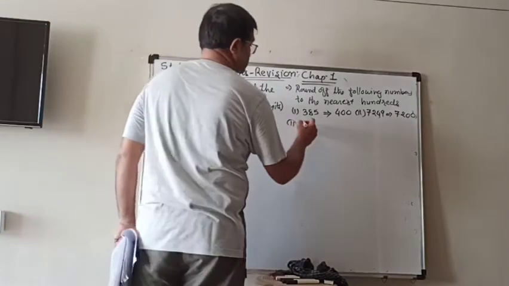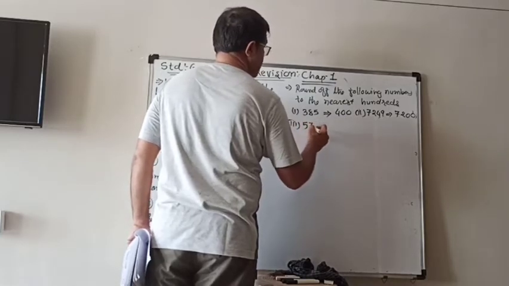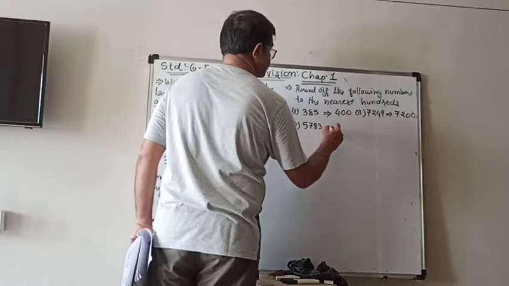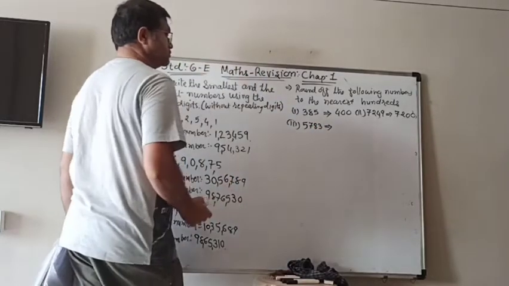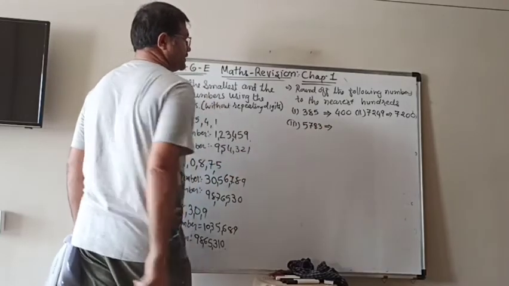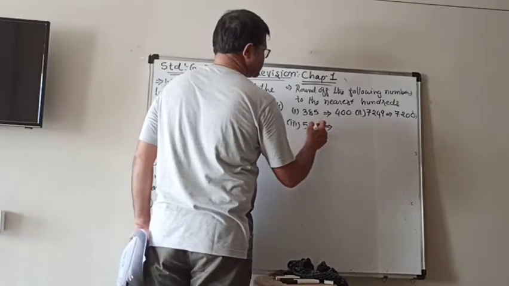Let's take more. 5783. So now you can see that the second digit from the right side is 8, so rather take 7.